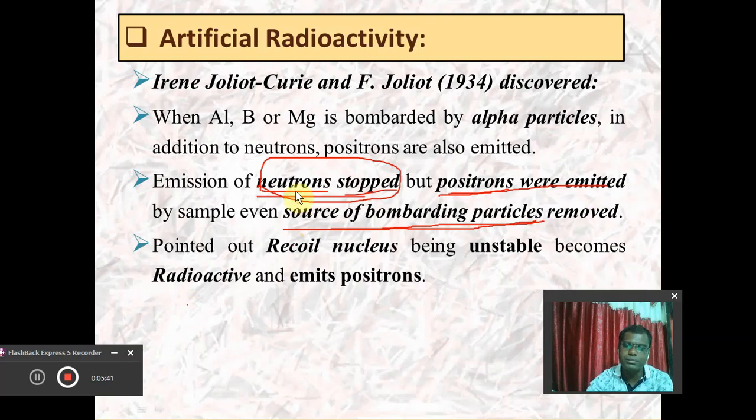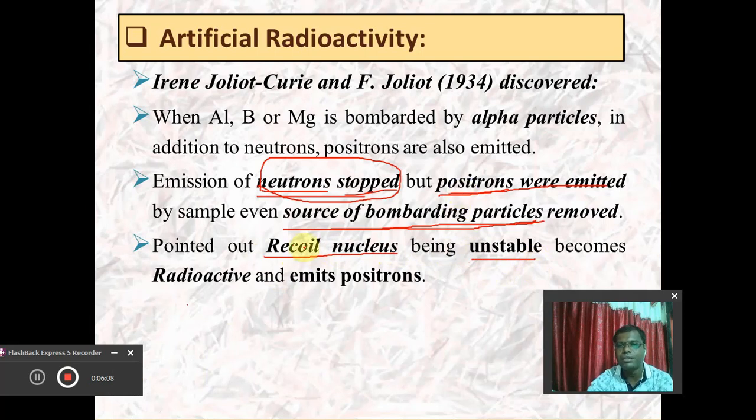After this observation, that neutrons stopped but positrons were emitted even after the removal of the bombarding particle source, they concluded that the recoil nucleus which is formed in this nuclear transmutation is unstable and it emits this positron.